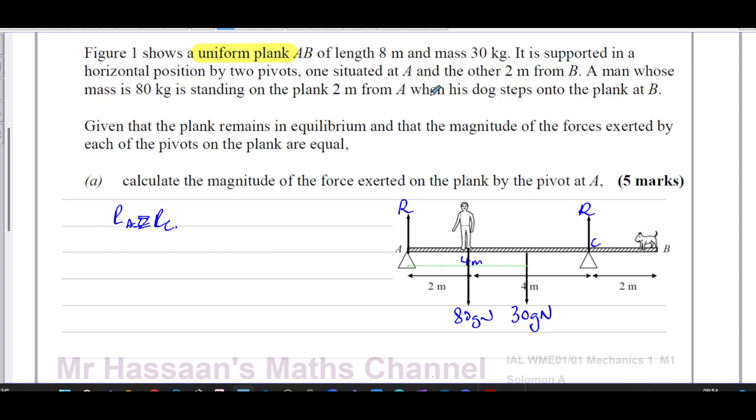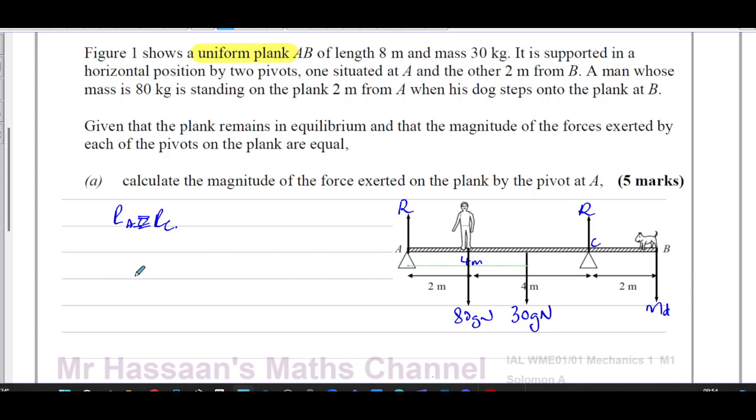And we don't know the mass of his dog, so we can't find the weight of the dog. Let's call it MD, the mass of the dog, which we don't know.